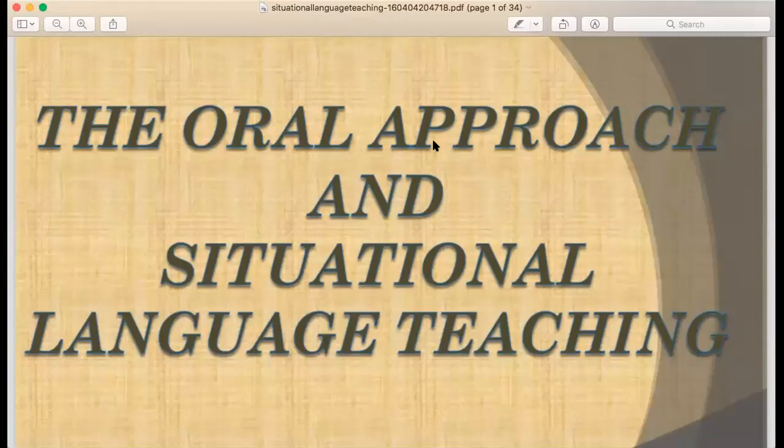Other than that, we saw that audiolingualism started with the dialogues, right? It did not pay any attention to reading. We did not see the teacher selecting any particular text to read, right? But in SLT, we'll see that reading is important, and as the term tells you, this is the oral approach, so of course the emphasis would be on speaking skills and making students communicatively competent.